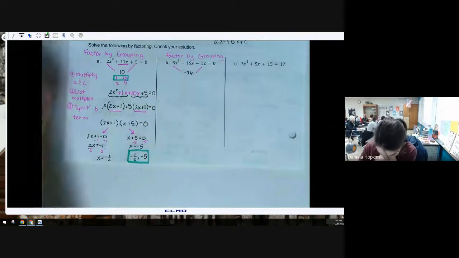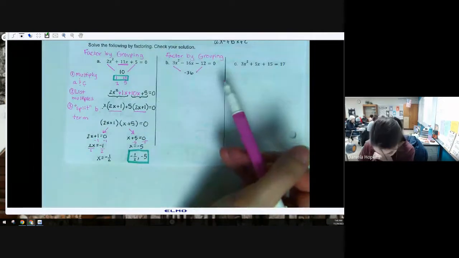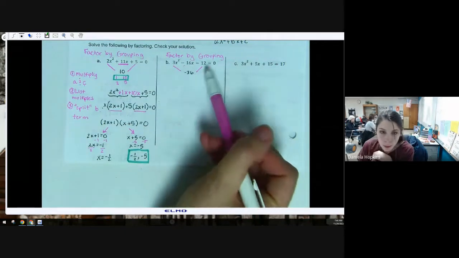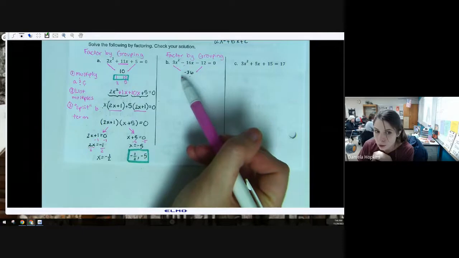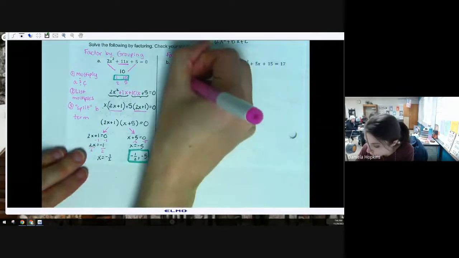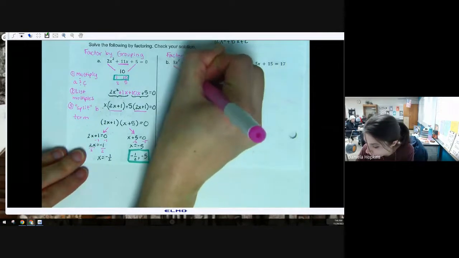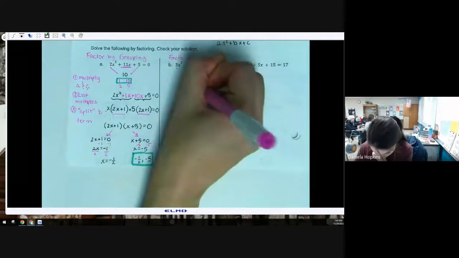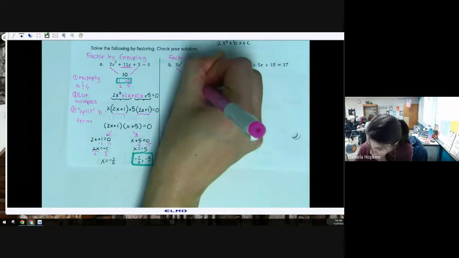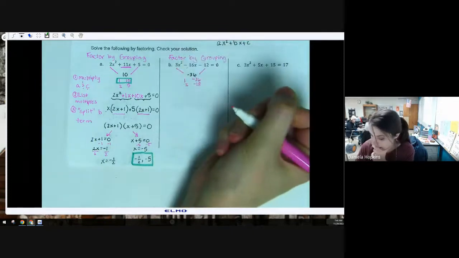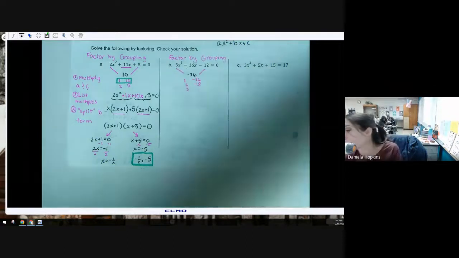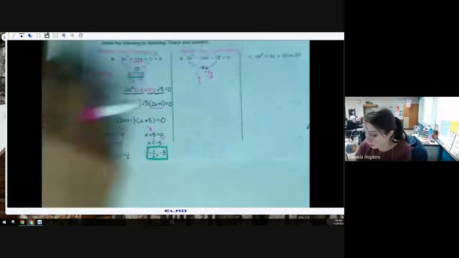I want to list my factors of -36. So if it needs to add to a negative number and multiply to a negative number, my smaller number is going to be positive. My bigger number would be negative. So 1 and -36. 2 and -18. There'd be 3 and what else? 36 divided by 3, that's 12, right? -12.